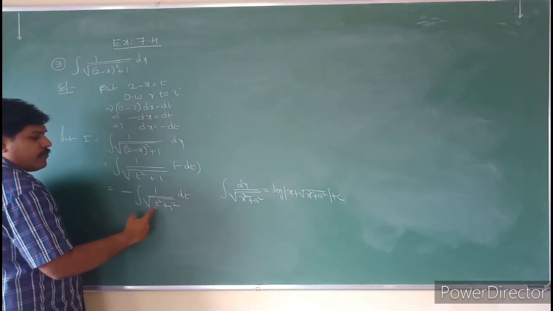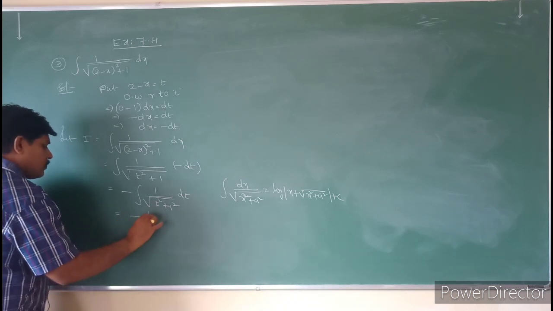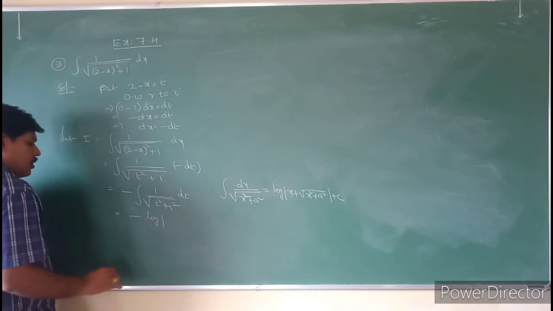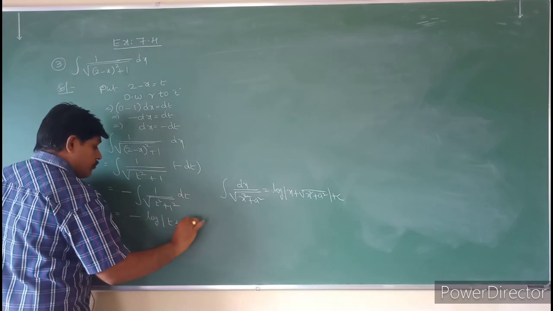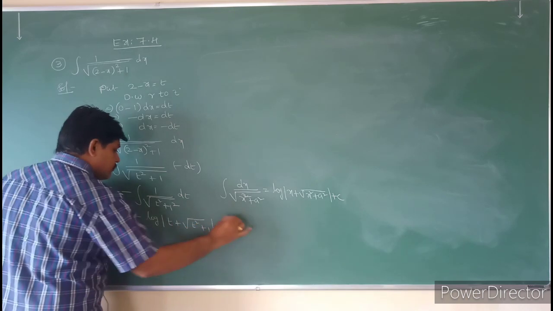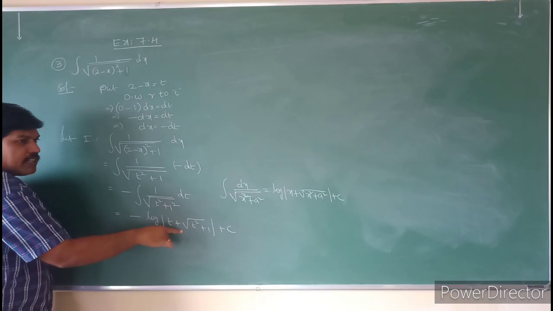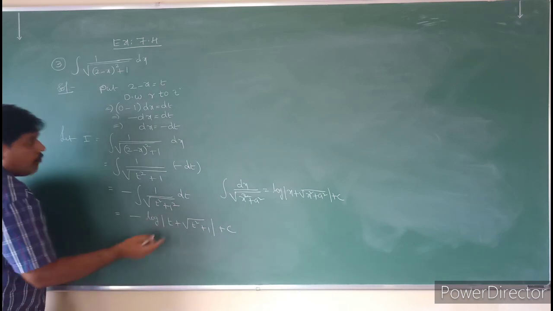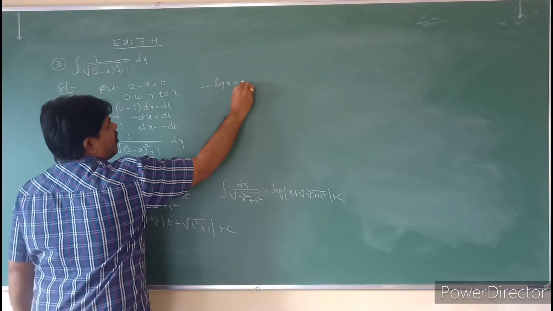So it is in the form of x square plus a square. So what is that? Minus log mod t plus root of t square plus 1. If you apply the mod here, minus log x, what is the meaning of minus log x?